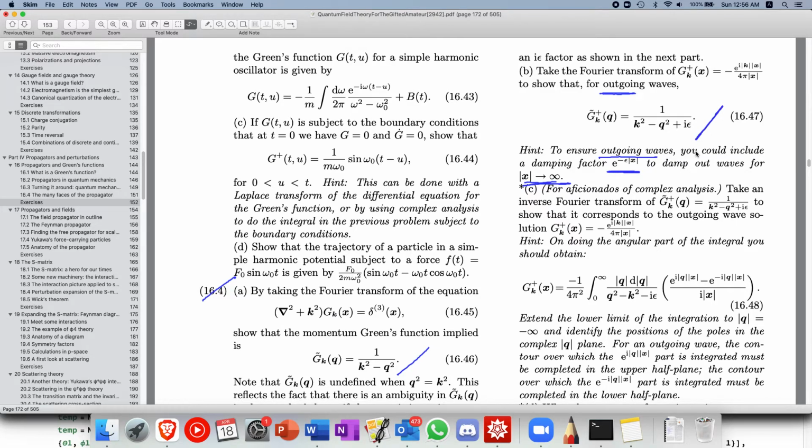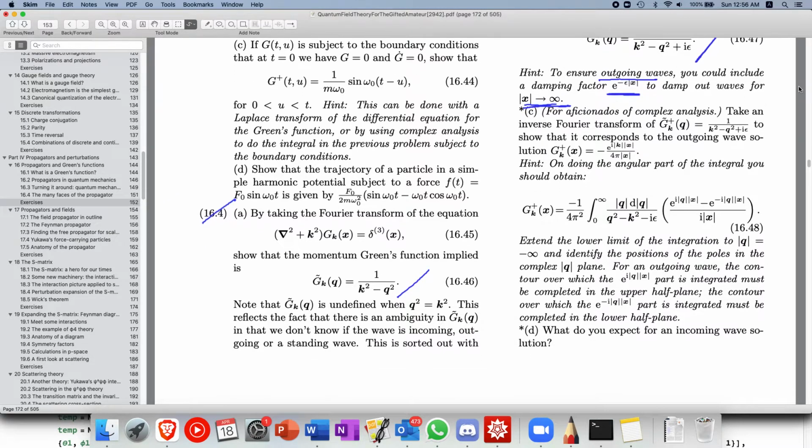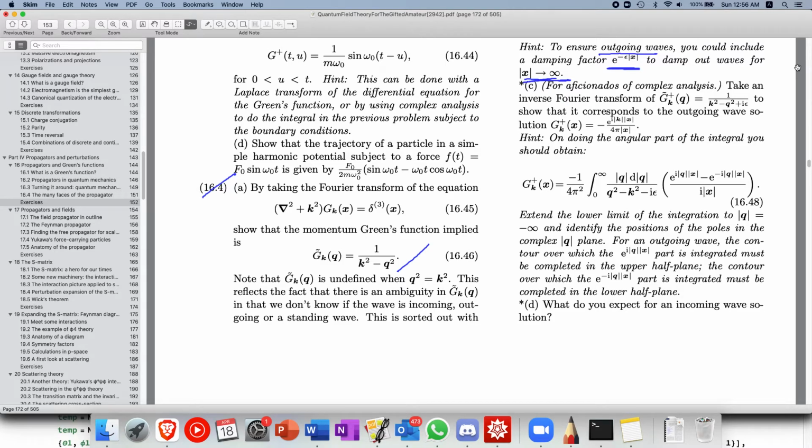So we've done part B, and then for part C, take an inverse Fourier transform of this and show that the corresponding outgoing wave is that. This is also an interesting problem, so let's go ahead. The hint on doing the angular part of the integral is that you should obtain this.